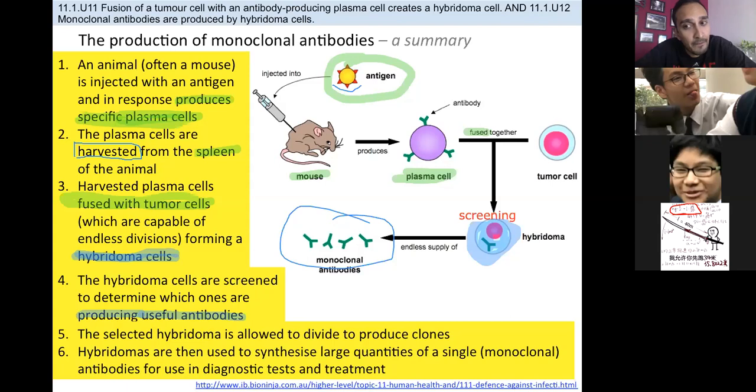It says hybridoma cells are screened to determine which ones are the useful ones. So does that mean not all are useful? By useful, they mean the one that fits the antigen that you're interested in, right? But if the plasma cell has the antibody, wouldn't it be all the ones you're looking for?